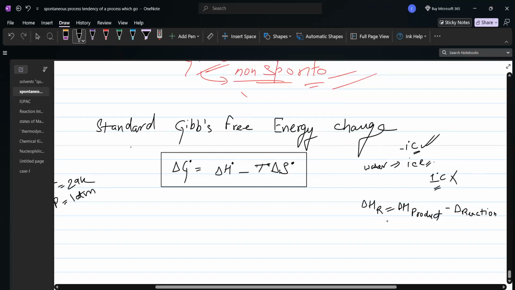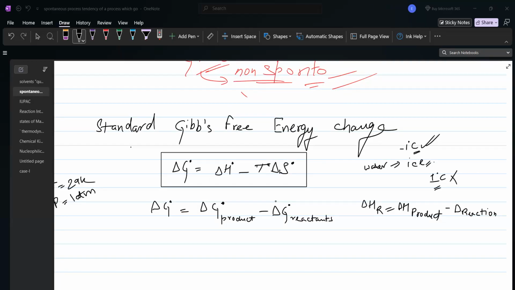Likewise, here also delta G of reaction will be delta G of products minus delta G of reactants. So this will be standard.